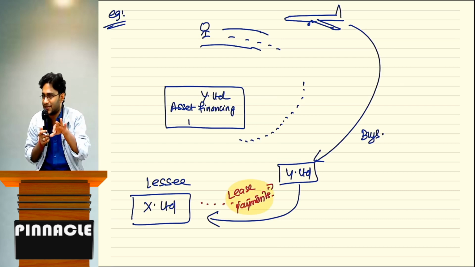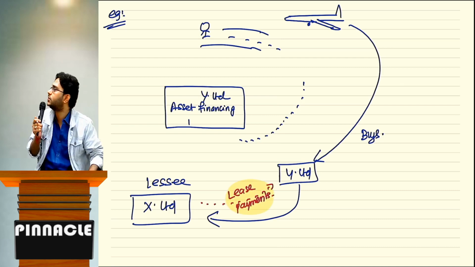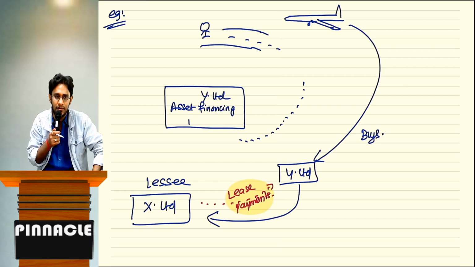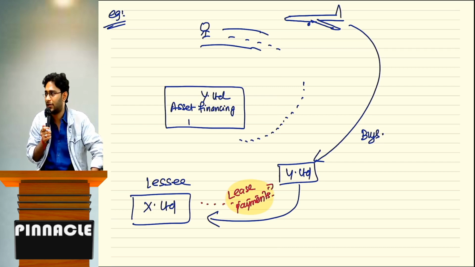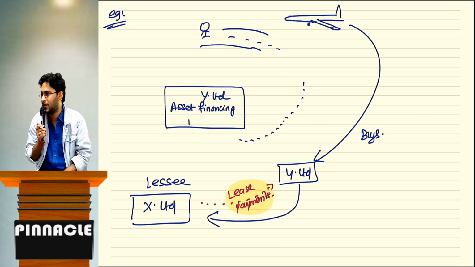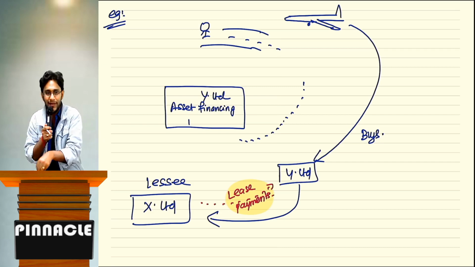Now, if you are the lessee, don't you know how much return Y Limited is making in this transaction? What's the cost of a new airplane? You know. How much are you paying to Y Limited? You know. Based on that, can't you work out an IRR calculation? So in most cases the lessee will know how much return Y Limited is making.